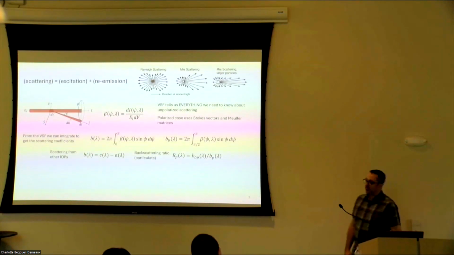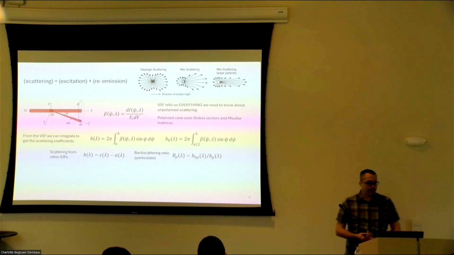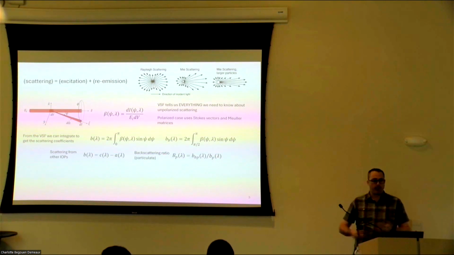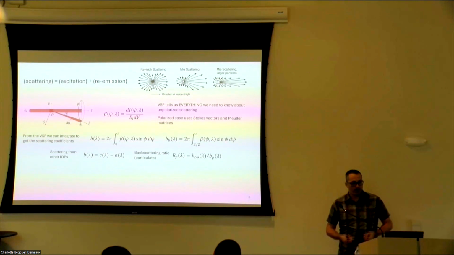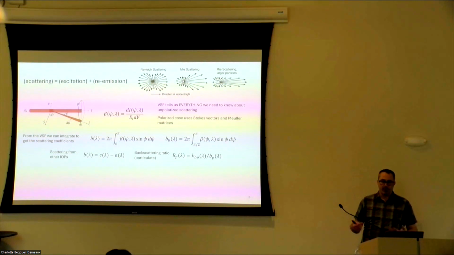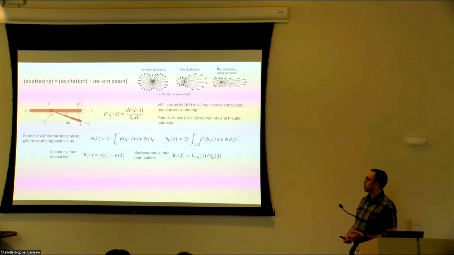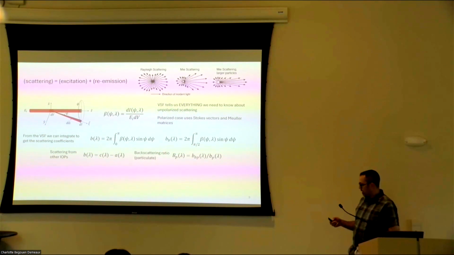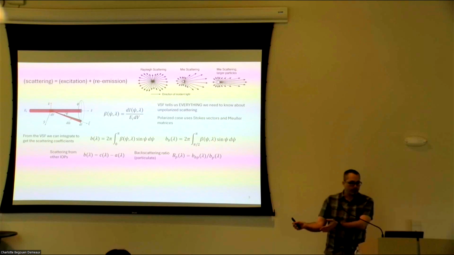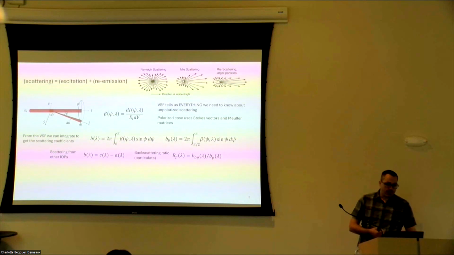So just reviewing yesterday, scattering is excitation plus re-emission. That electromagnetic plane wave hits charged particles. All the charged elements within the particle re-emit secondary waves, and we get the result of scattering. For small particles, scattering is much more isotropic. The larger particles get, the more near forward you scatter. We define the volume scattering function.